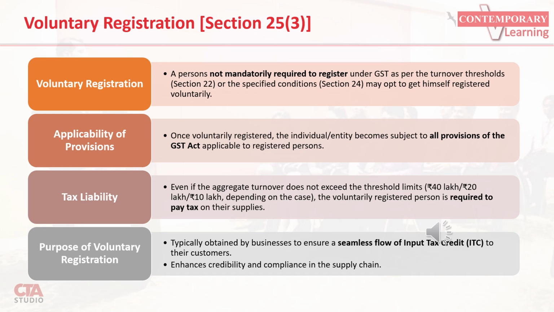Why would someone voluntarily register? Typically, it's obtained by businesses to ensure a seamless flow of input tax credit (ITC) to their customers. When you're registered, your customers can claim ITC on purchases from you. This enhances credibility and compliance in the supply chain, making you a more attractive supplier.